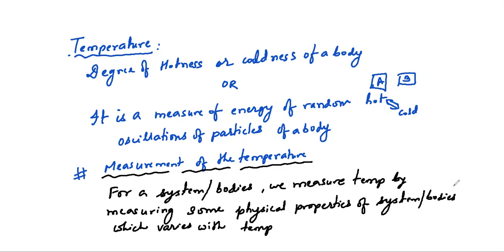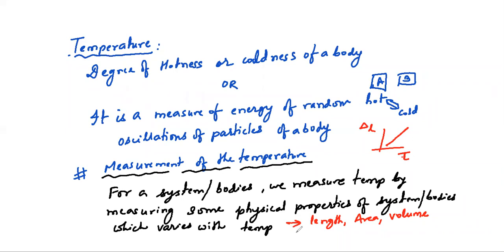So there are different physical properties, just like length, area, or volume, which may vary with temperature, and then we can calibrate as per the variation. Let us say the variation of length is directly proportional to the change in temperature. So we'll get a linear graph, and according to this, we can make a thermometer.